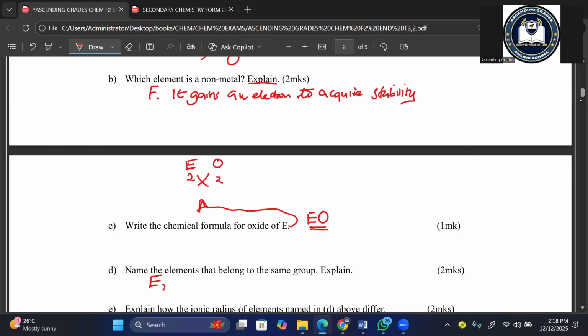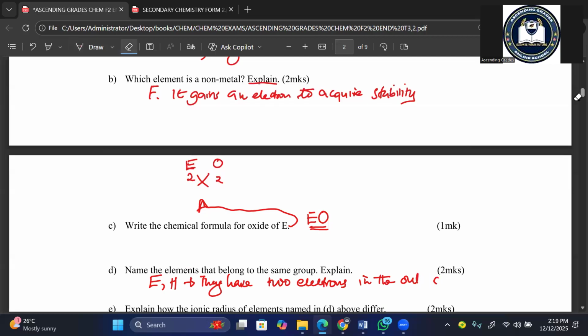E and H have 2 electrons in the outermost energy level. So which group are we at? It is group 2.